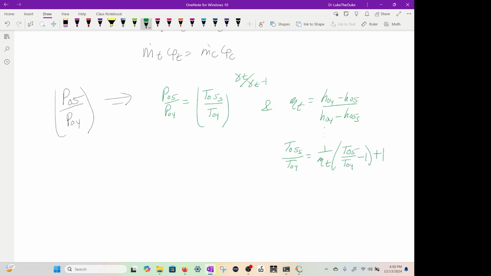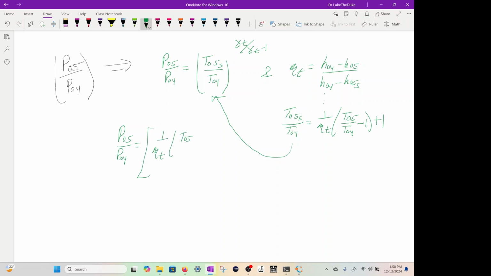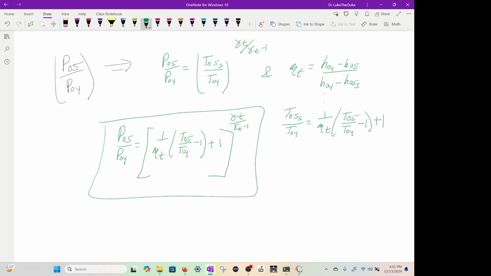Okay? Plug that into here, and we get P naught 5 over P naught 4 equals, bracket, 1 over eta T, T naught 5 over T naught 4 minus 1, plus 1, and bracket eta T over eta T minus 1. Okay, so we have that equation.